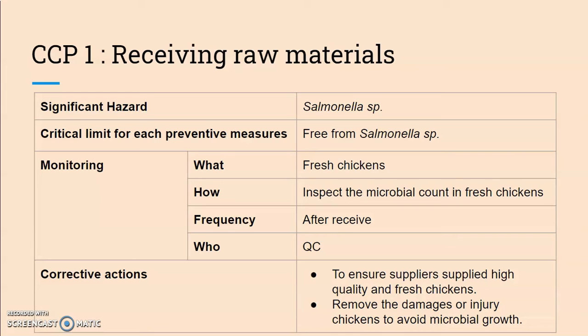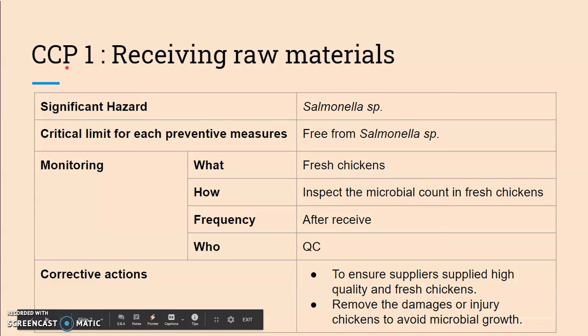For this case, there are 3 CCPs in this flow diagram, which are the receiving of raw materials, the cooking temperature of chickens, and storage at the cooking temperature. In each CCP, we have to identify the significant hazard, the critical limit for the preventive measure, monitoring on what, how, frequency, and who, and finally we have to identify the corrective actions.